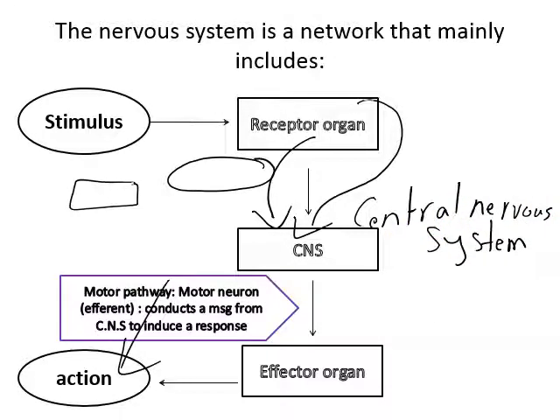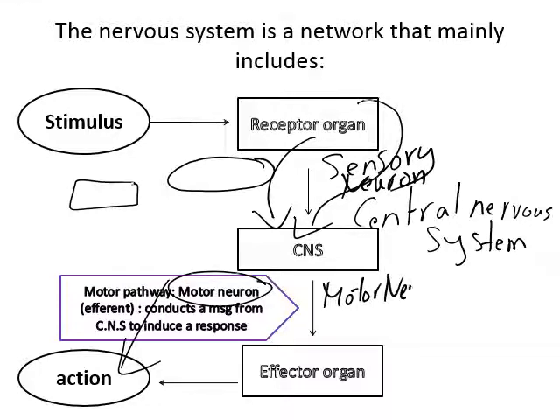using a motor neuron. So in the middle here we have the sensory neuron, and here in the middle we have something called the motor neuron. The motor neuron conducts a message from the central nervous system to induce a response toward the effector organ, which has to induce the response or the action.